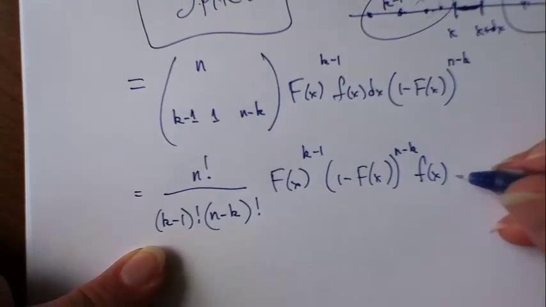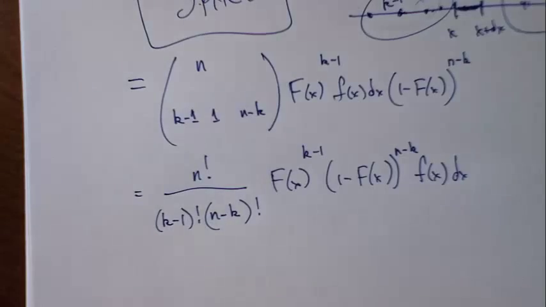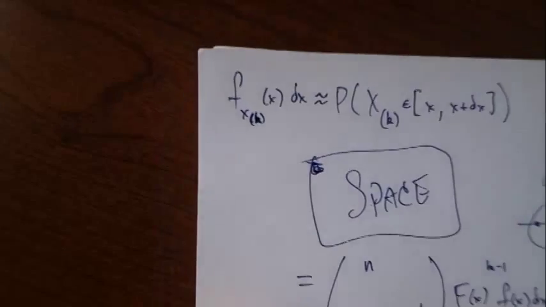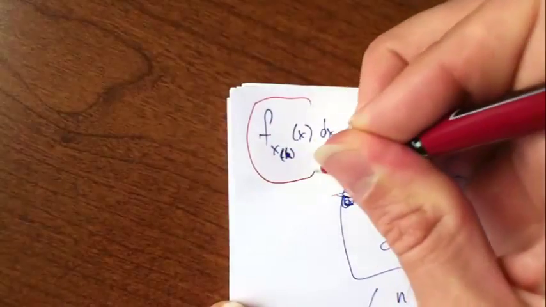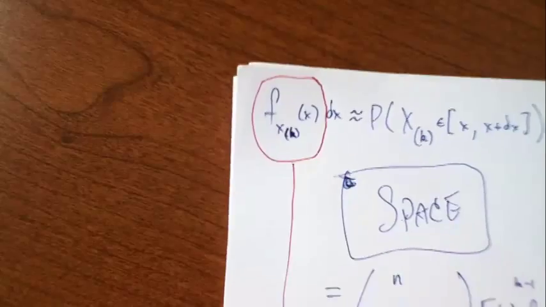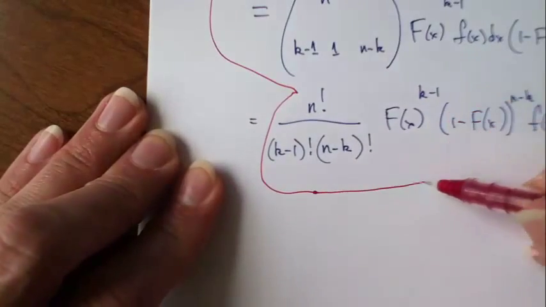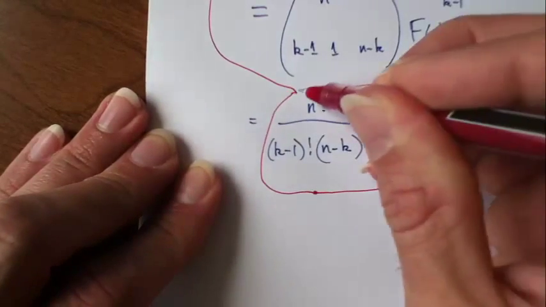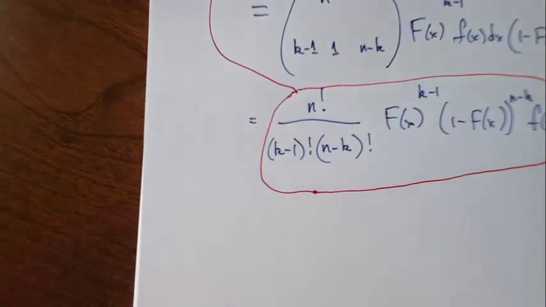And then, of course, we need that little dx there. So this tells me that, in fact, the density function for the kth order statistic can be written as all of this stuff without the dx. Okay, that's the density function for the kth order statistic.